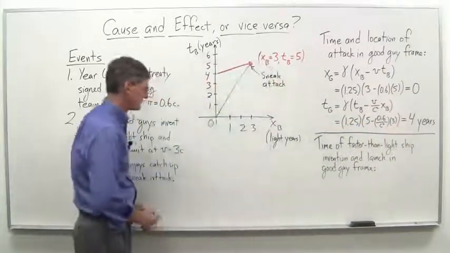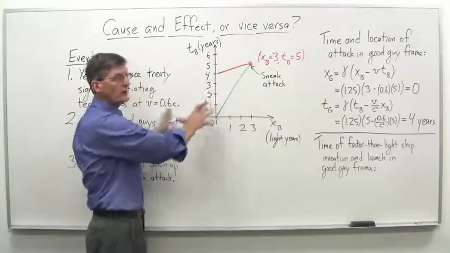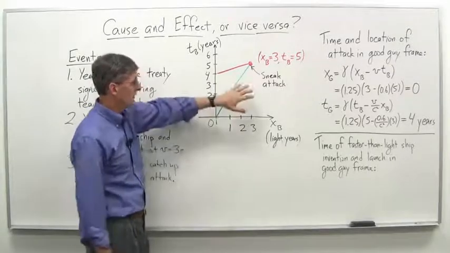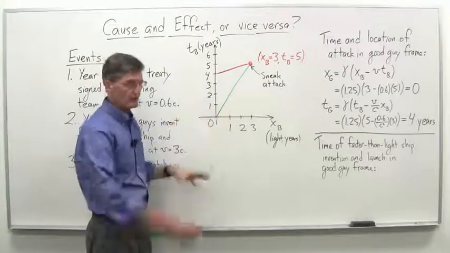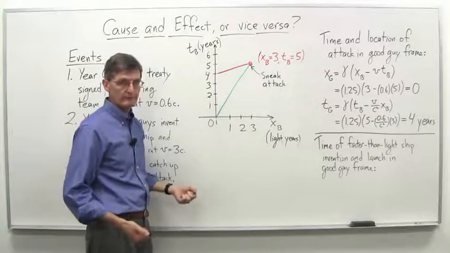Okay? So in the good guy's frame of reference, which we're not showing on this plot, we could put it on here, but we're not going to get it too complicated in terms of the plot, we see their clocks read 4 years at that point.